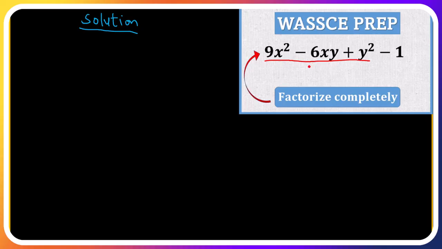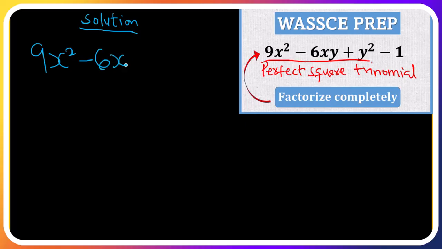So this is a perfect square trinomial. The same expression written over here, 9x squared minus 6xy plus y squared. So we are going to simplify this, breaking them into simple factors.